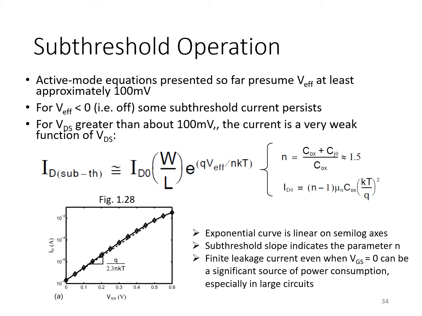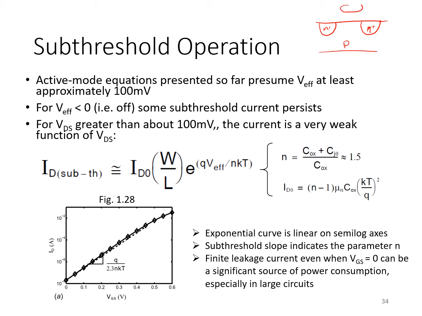So it's modeled by this exponential relationship. Now, again, I encourage you to review the textbook to understand this better, but it may not be too surprising that this exponential relationship arises, because if you think about an NMOS transistor, for example, that's off or not inverted, in fact, it has an NPN structure.